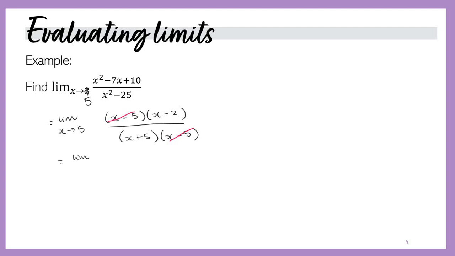So now I'm left with the limit as x approaches 5 of x minus 2 over x plus 5, which we can work with. If I now substitute in x is equal to 5, I'm left with 3 over 10. So as x approaches 5 on this function, I'm approaching y equals 3 over 10.